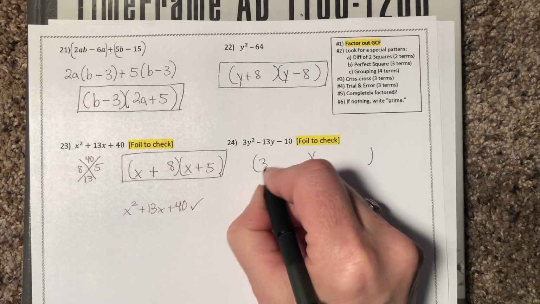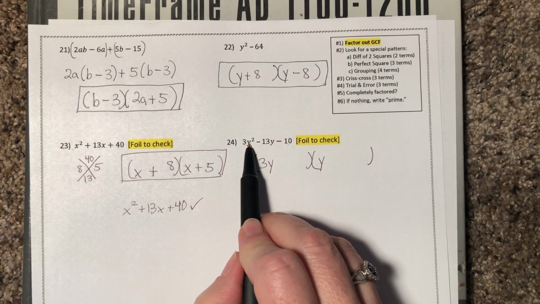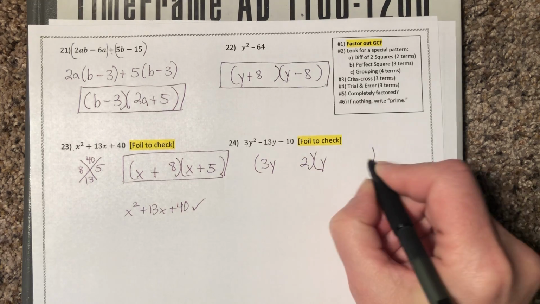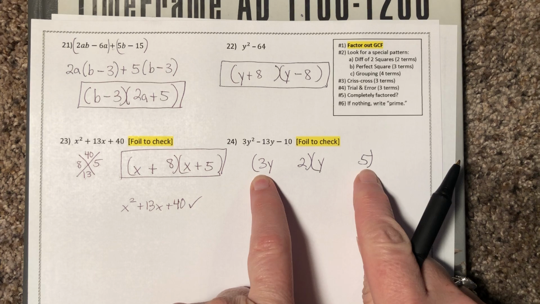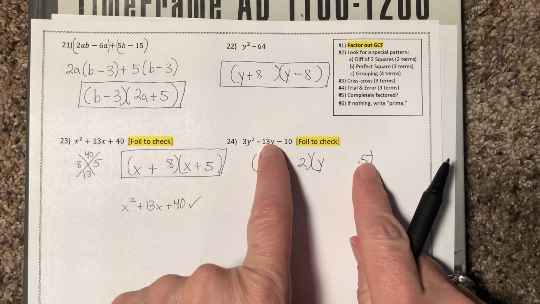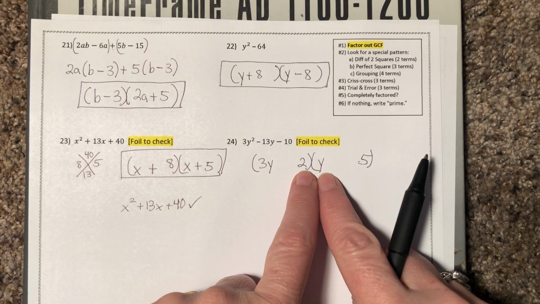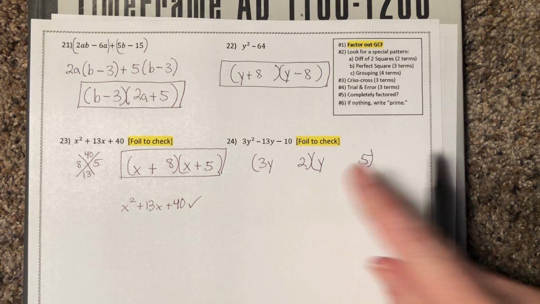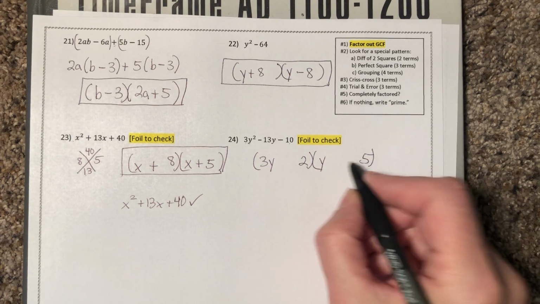Okay, so 3y and y make 3y squared. I need 2 things that multiply to 10, so let's just do 2 times 5. Okay, 2y and 15y. Can 2 and 15 somehow make a 13? If I make the signs work. Yes, 15 minus 2 can give me 13. So everything's in the right spot. Let's just get the signs to work.